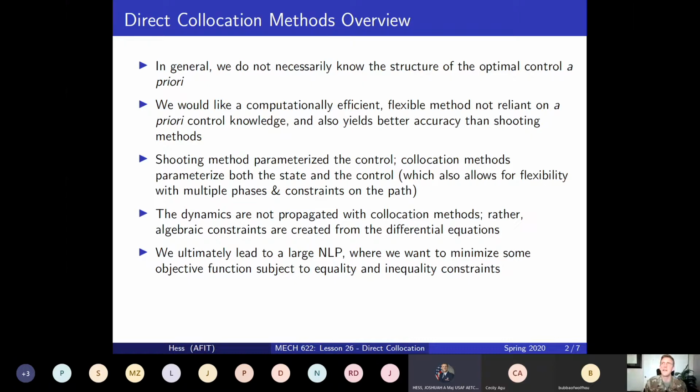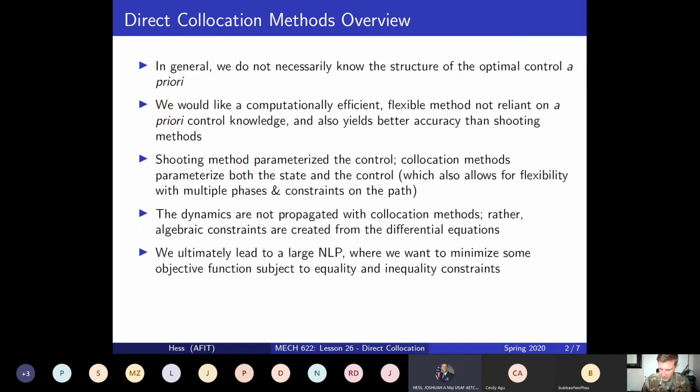But if we think about what we did in direct shooting methods, we parameterized the control. With collocation methods, we're going to parameterize both the state and the control, and it's going to allow us a lot of flexibility when we go into solving problems that have multiple phases, and especially when we have path constraints.